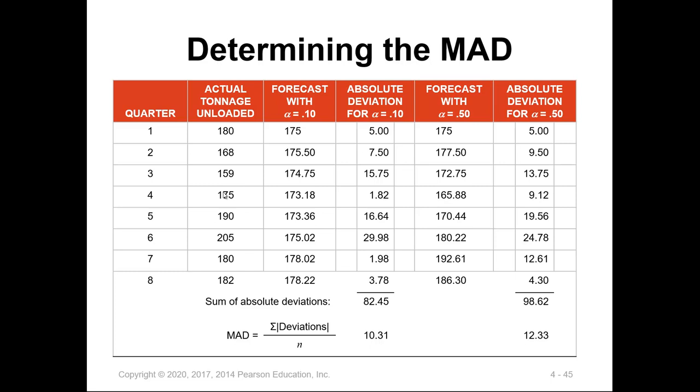With alpha equal to 0.1, the mean absolute deviation is 10.31, while for alpha equal to 0.5 it is 12.33, which means the error is less with alpha equal to 0.1, so this value will be preferred over alpha equal to 0.5.